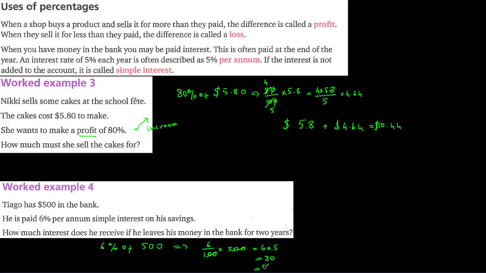It's going to be $30 per year. If you are doing this for 2 years, it's going to be equal to 2 times $30, which is equal to $60 for 2 years. Okay, so our 2-year interest is going to be $60.